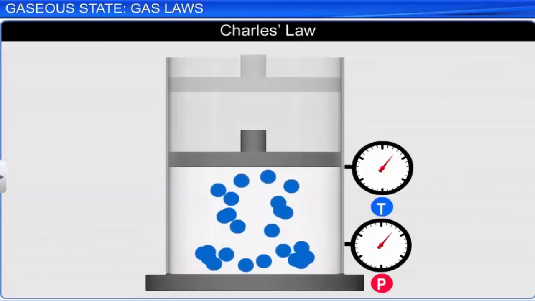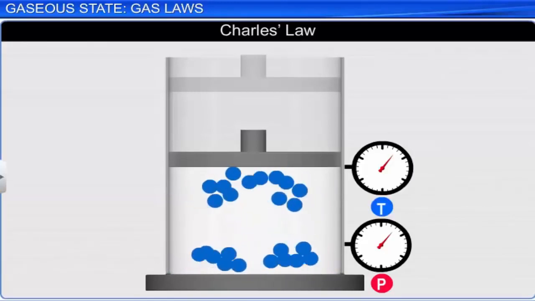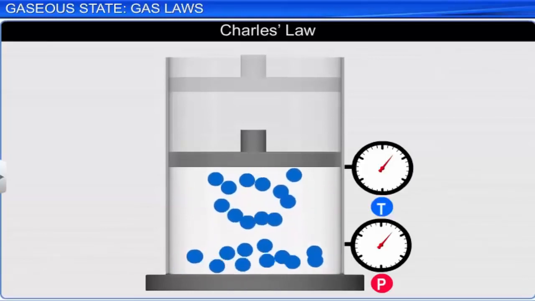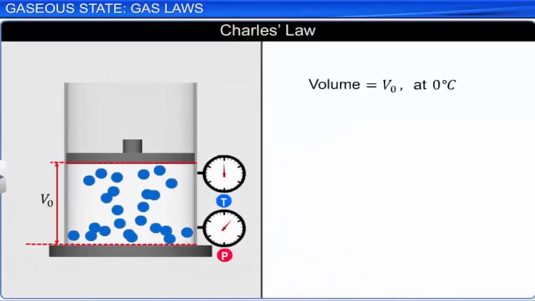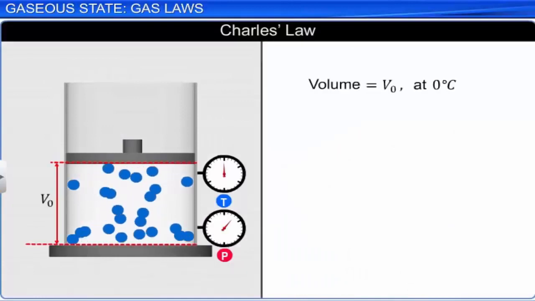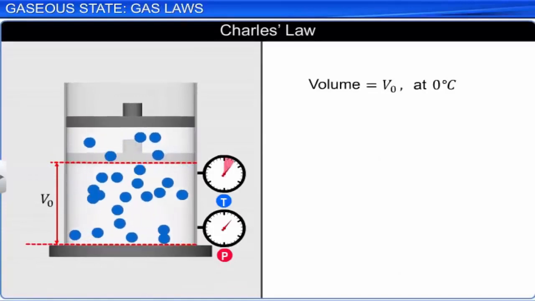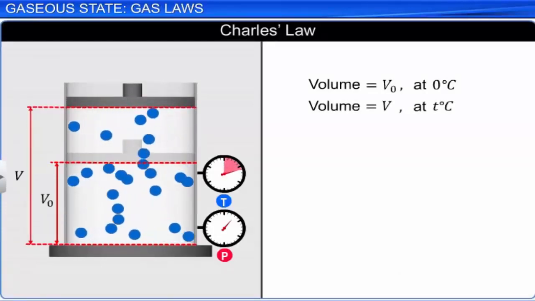Let's understand this through mathematical expression. Let V0 be the volume of a fixed mass of a gas at 0 degrees Celsius, and let V be its volume at temperature T degrees Celsius at same pressure.